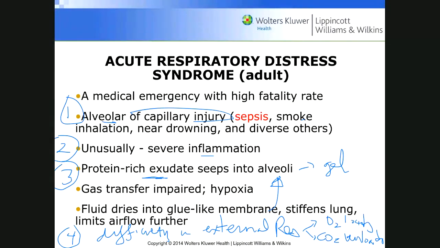Thus, in internal respiration, you would say oxygen is unloading out of the blood, and CO2 is loading. So the blood is dumping oxygen in the tissue and taking up CO2, coming back to the heart as part of the venous circulation.